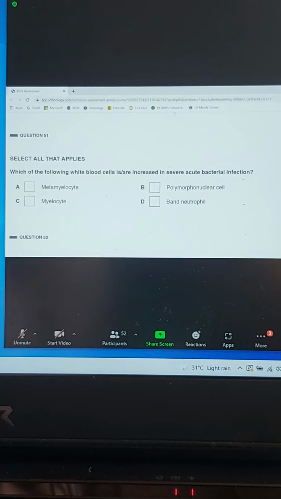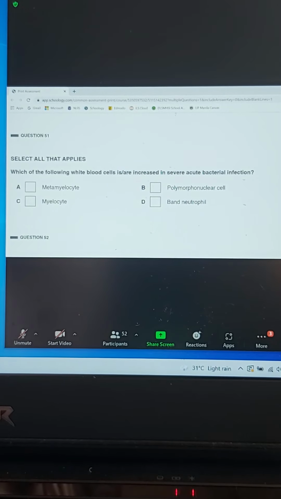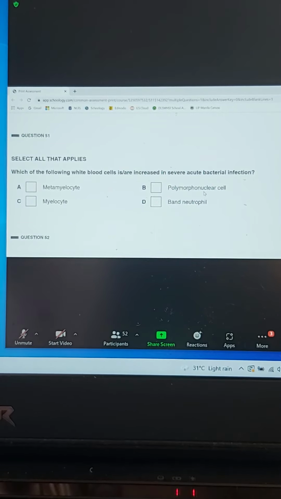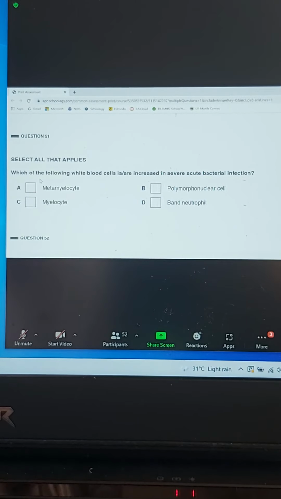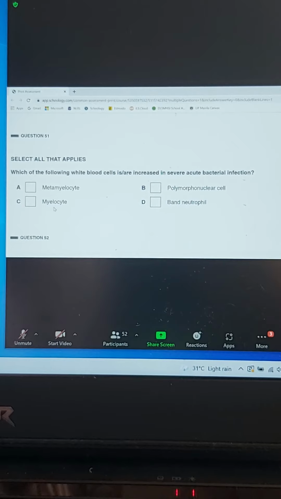Okay, so the correct answers are B and D. So polymorphonuclear cell is your mature neutrophil. And of course, kapag severe yung bacterial infection, you will also see a more immature form of your neutrophil, which is the band or stab neutrophil. But the presence of metamyelocyte or even myelocyte would indicate already leukemia, usually chronic myelogenous leukemia.